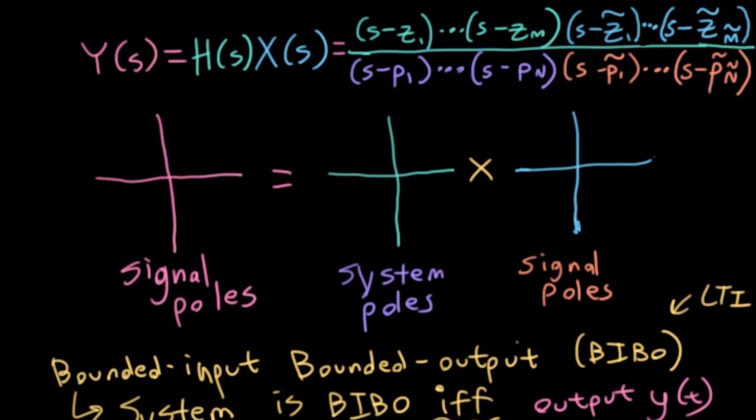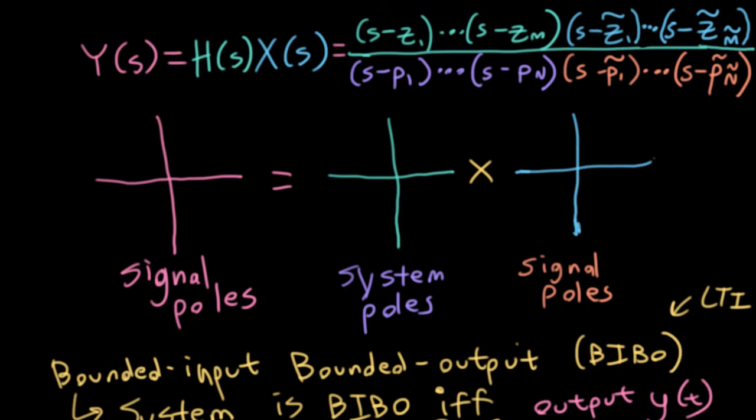So with that definition in mind, let's go up here and check out what's going on with the poles for X of s, H of s, and Y of s. Suppose that the input had a decaying sinusoid here, and maybe it also had a decaying exponential. Suppose that the impulse response for the system also had a decaying sinusoid, and maybe also a decaying exponential.